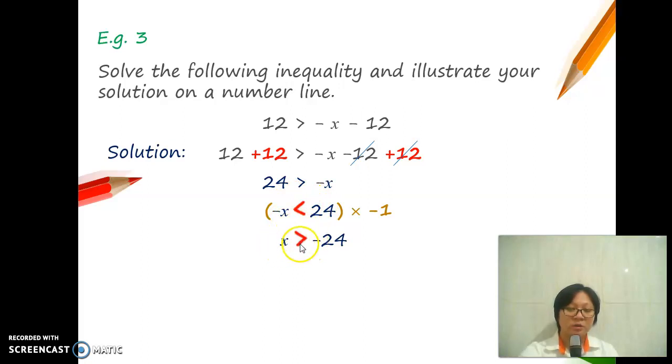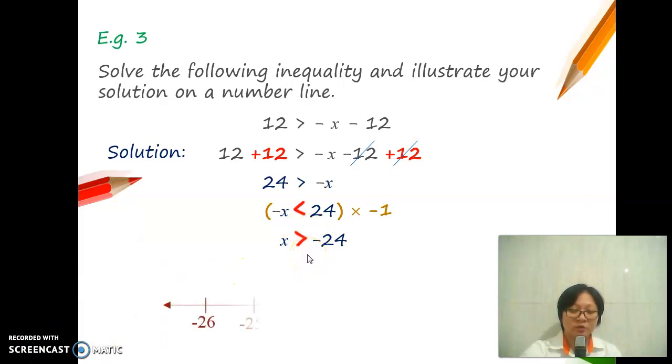So x is more than -24. This is the solution. So if you reverse the order or you swap places, you need to change the direction. And if you multiply each term by -1, you need to change the direction of the inequality symbol too.